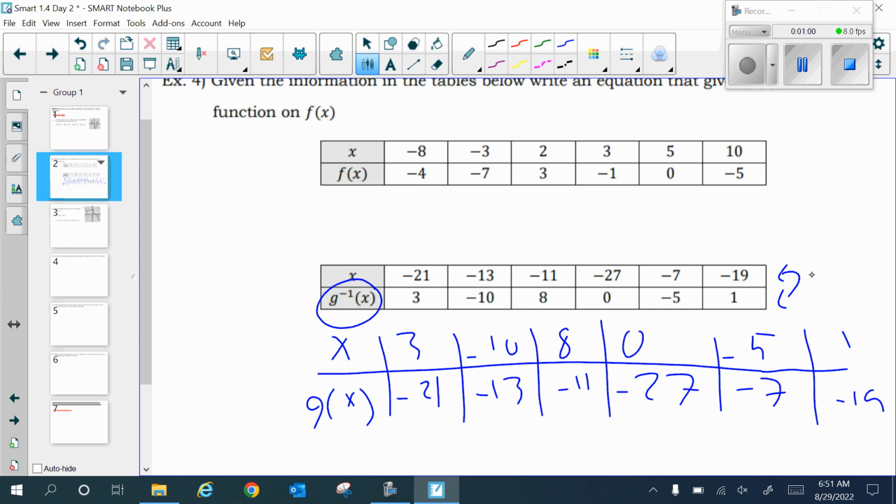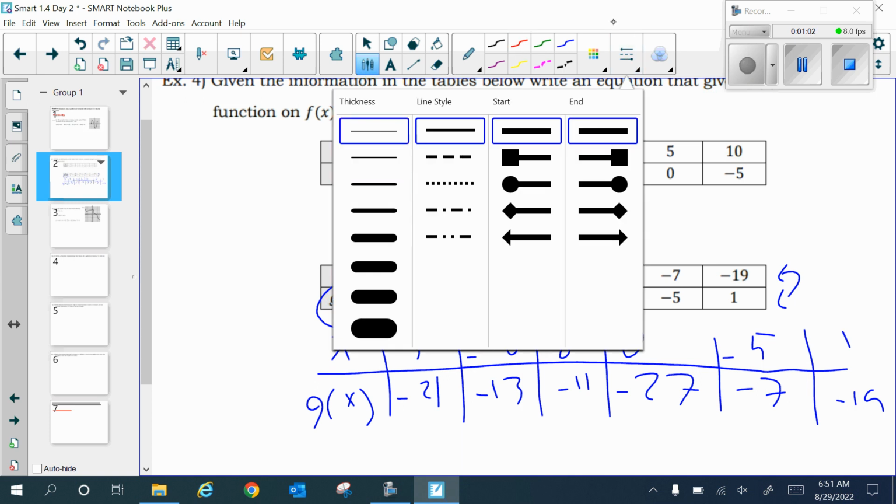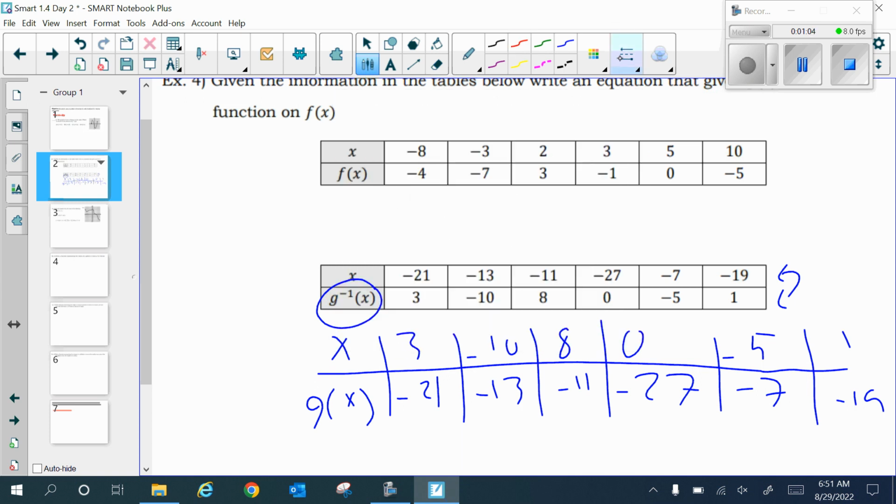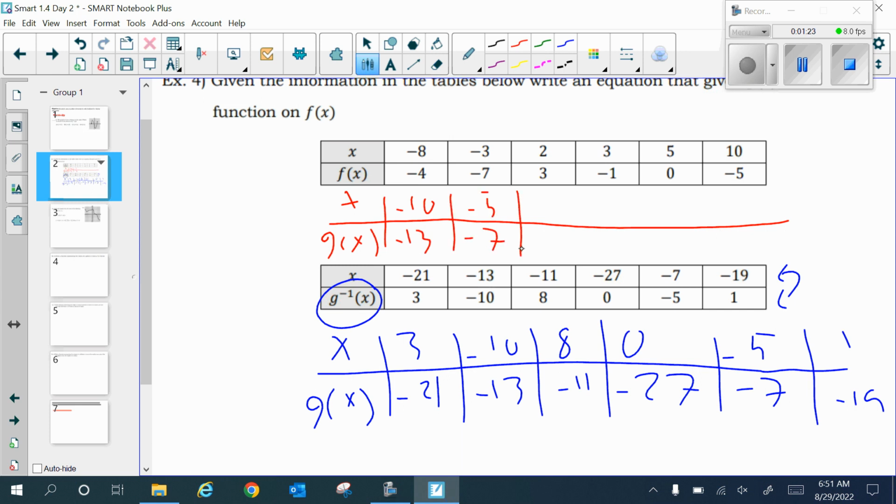But the problem with this table here is that it's not ordered from least to greatest, right? So I'm going to reorganize this table to put it from least to greatest. And I'll put it right here next to g of x just to make it a little easier to compare the tables. So x, g of x, when I reorganize from least to greatest, I get negative 10, negative 13, negative 5, negative 7, 0, negative 27, 1, negative 19, 3, negative 21, and 8, negative 11.